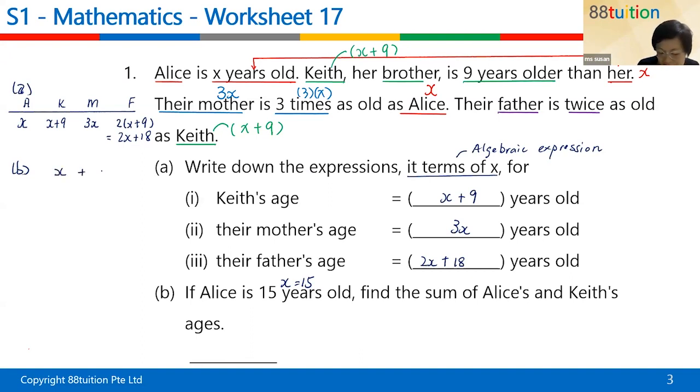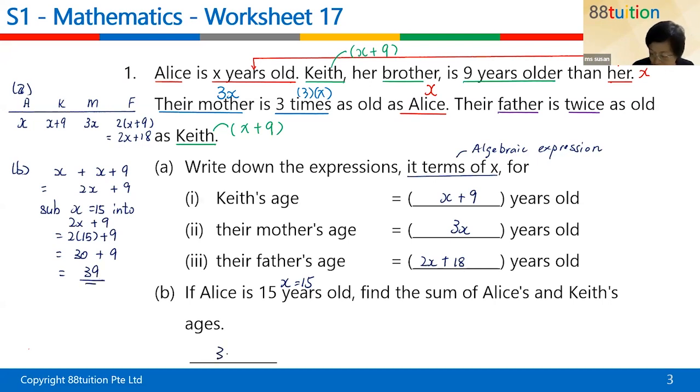Alice is X, Keith will be X plus 9, and this is 2X plus 9 for the ages. So now you sub X equals 15 into the expression 2X plus 9, which is 2 times 15 plus 9, equals 30 plus 9. That gives you 39. So far so good.